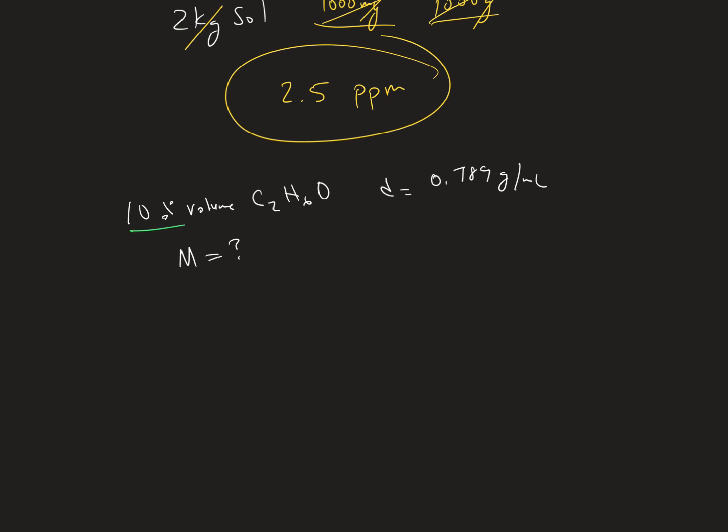Should we just use the formula for volume percent and plug it in? 10% by volume is volume of... that one's not going to work out so hot. Let's change this to be mass to volume.